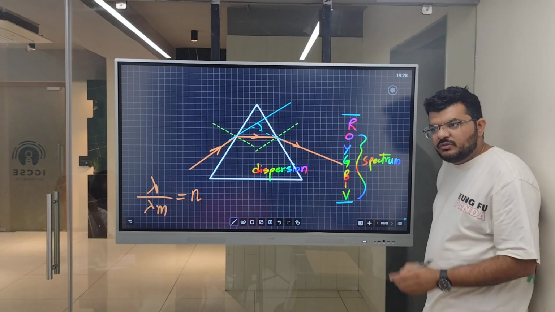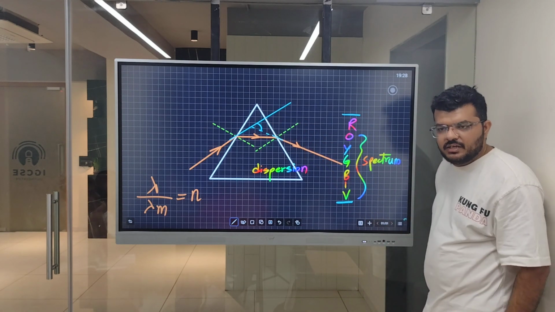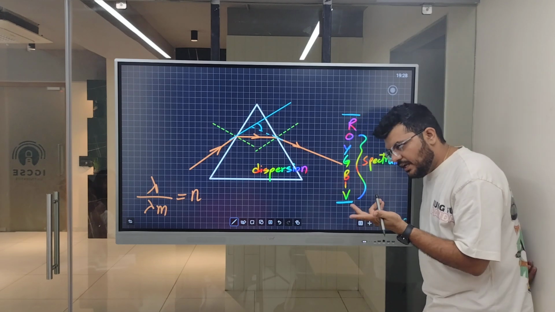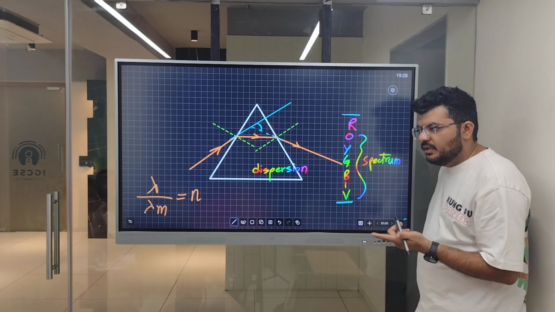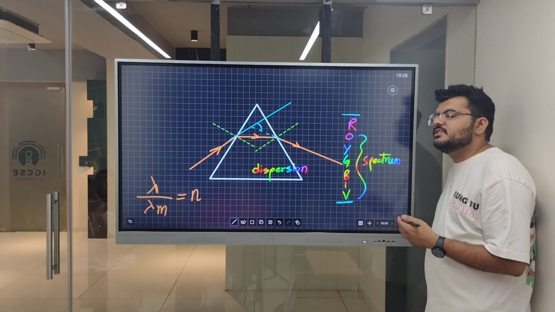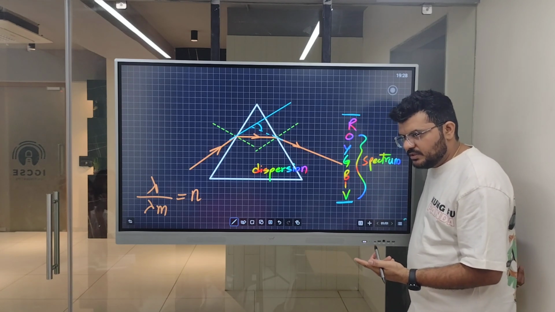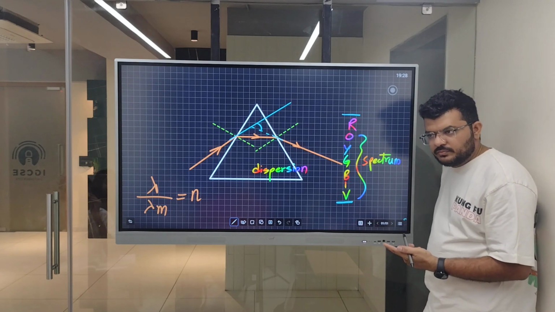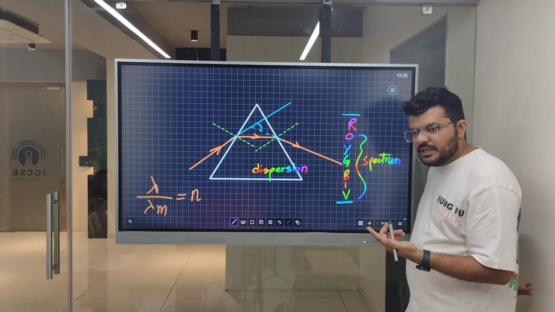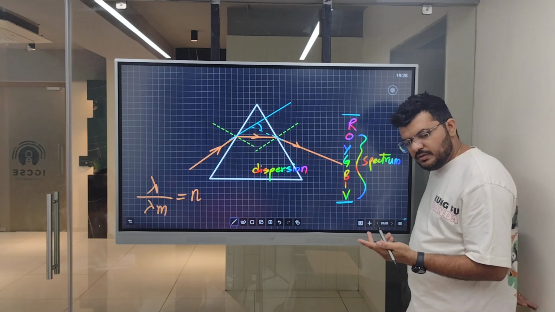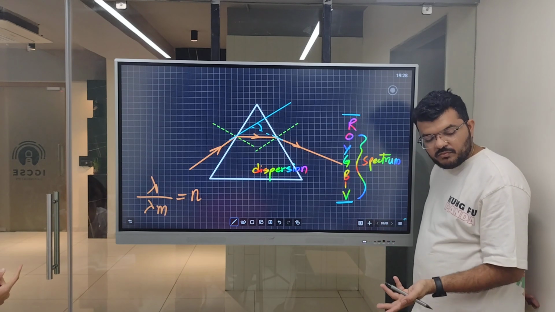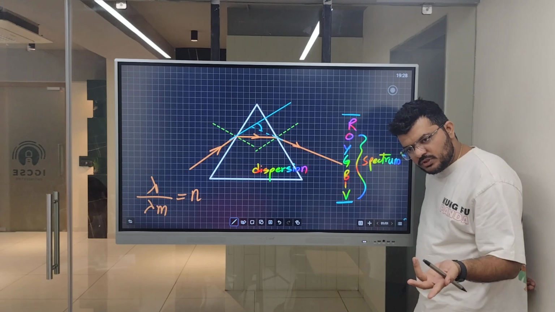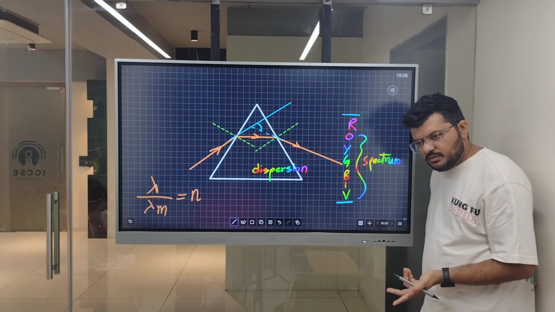Each light has a different angle of deviation. But why? Because each light has a different wavelength. The one that has the most wavelength will bend the least, and the one with the least wavelength will deviate the most.